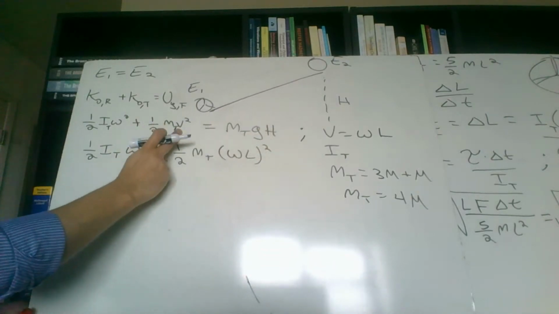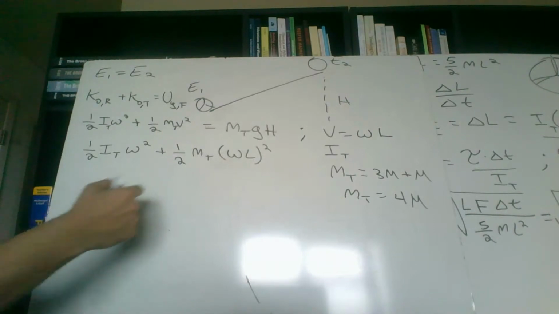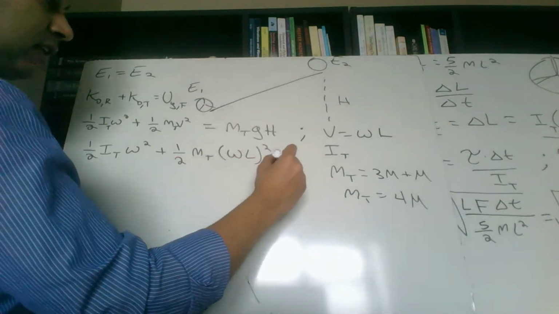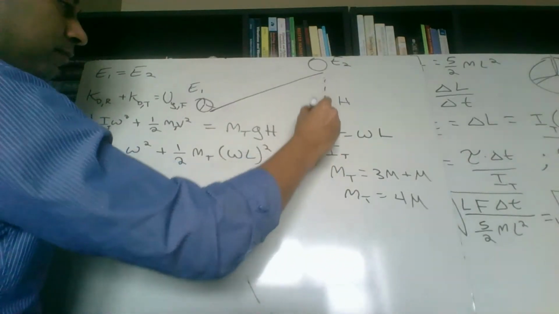There we go. So I'm replacing the v with omega times L, and all of this is equal to m total times g times h.